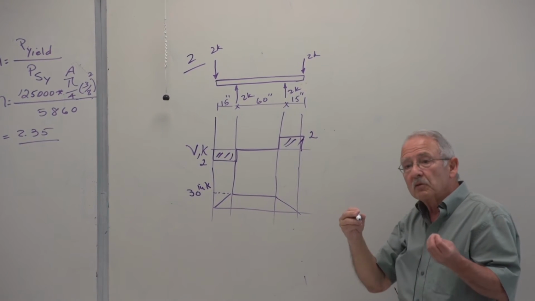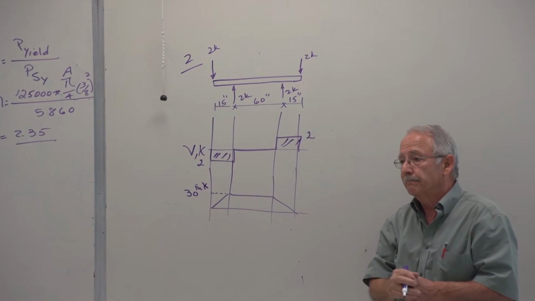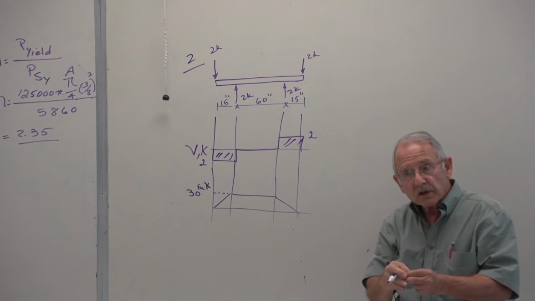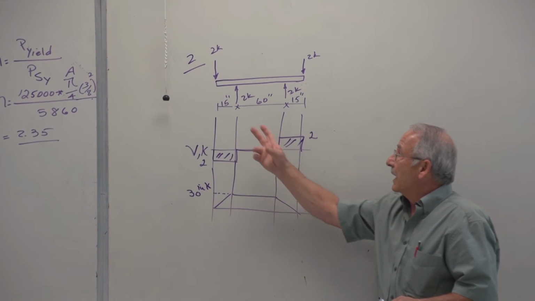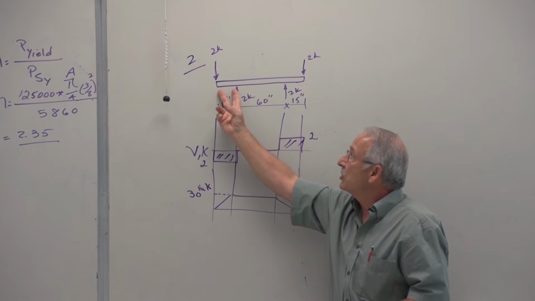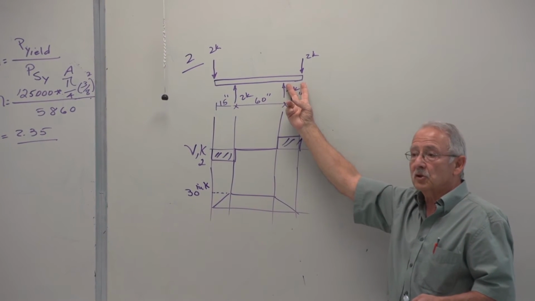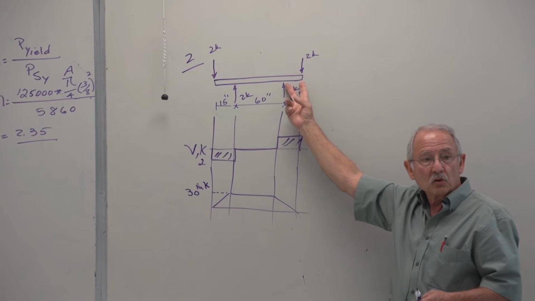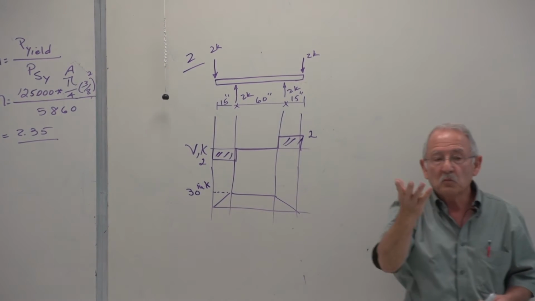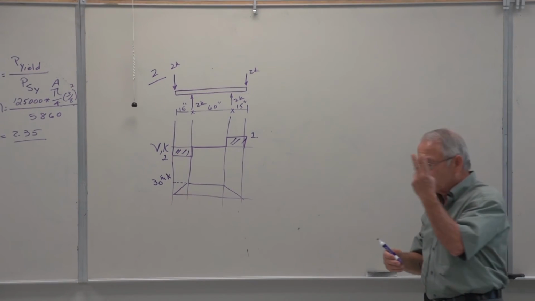For each part, we find the strain energy, and then we add them all up. We also recognize that because of symmetry, however much strain energy is stored here, exactly the same amount is stored here. So we'll just find it for 1 and multiply it by 2. So we have to find it for 2 locations.